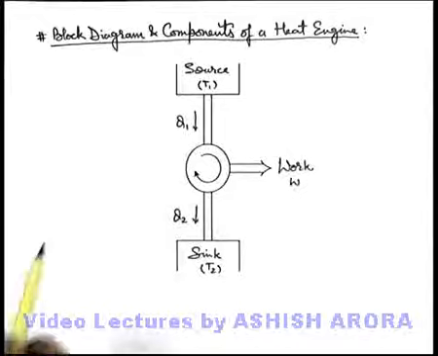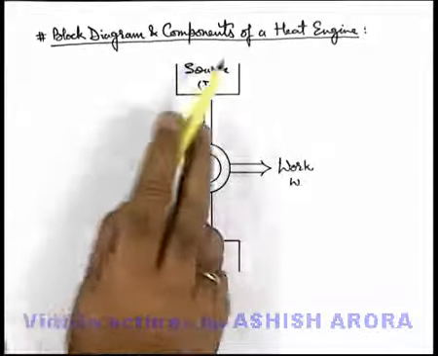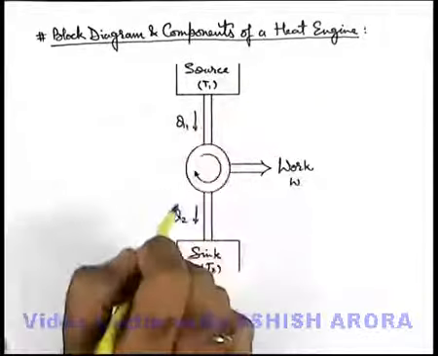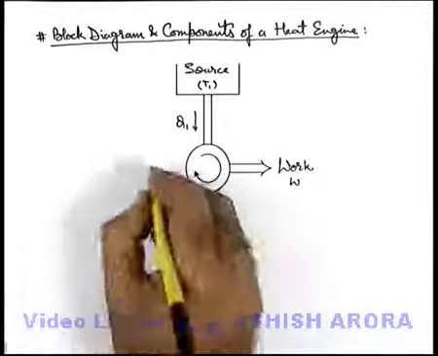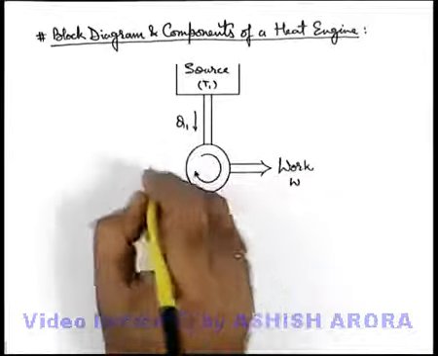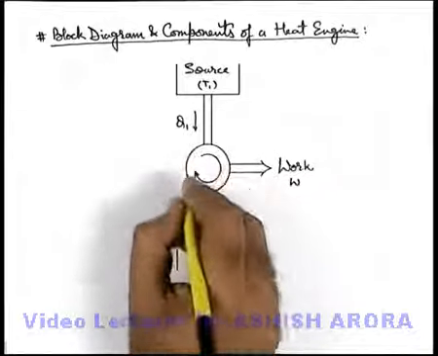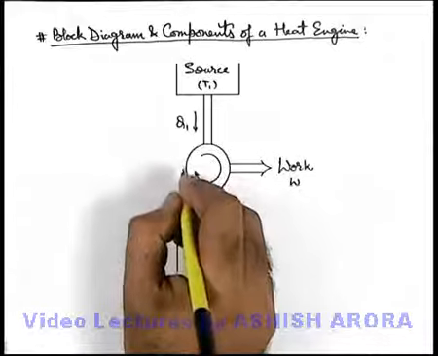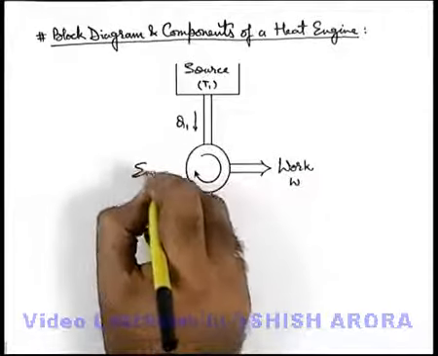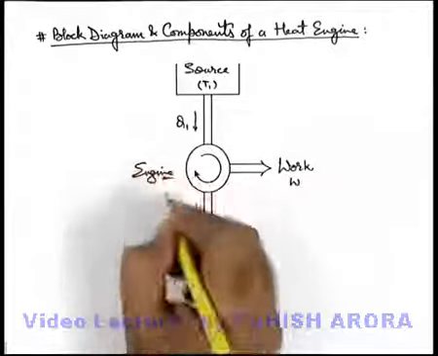In this slide, we are going to discuss the block diagram and components of a heat engine. As we already discussed about the idea of a heat engine, this is the device in which the working substance is being consumed. It is written as a heat engine or an engine.